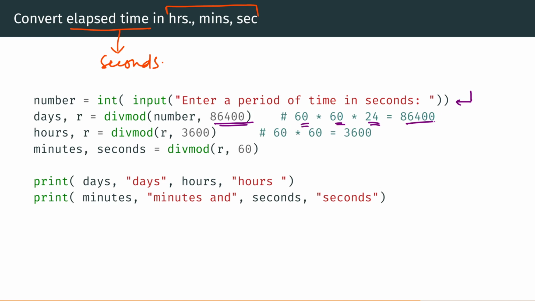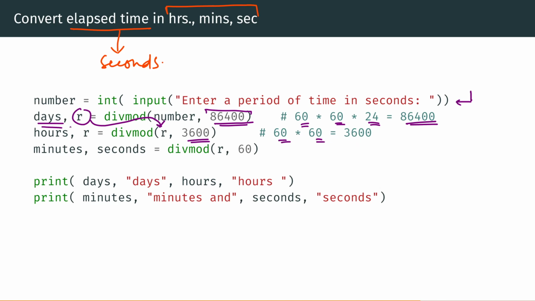So if you divide this number by 86400, it will give you the number of days and the remaining number of seconds. Now that remaining number of seconds would then be divided by 3600. What is 3600? It is 60 times 60, which is the number of seconds in an hour.